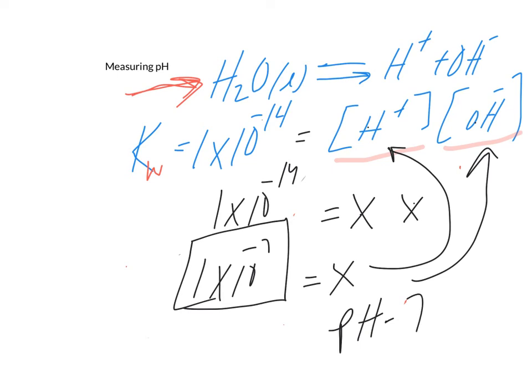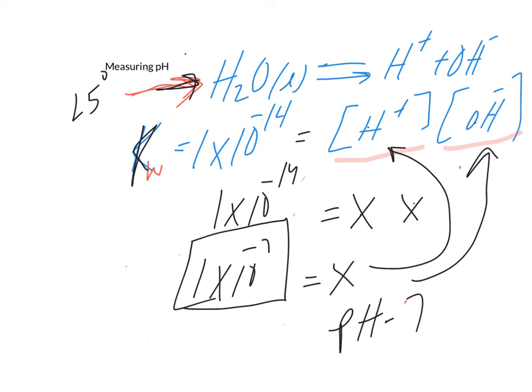Now, I keep saying at 25 degrees because, as you learned, hopefully in the last chapter, every reaction that has an equilibrium constant, that constant is a constant at a set temperature. And for water, the Kw value at 25 degrees is 1 times 10 to the minus 14.